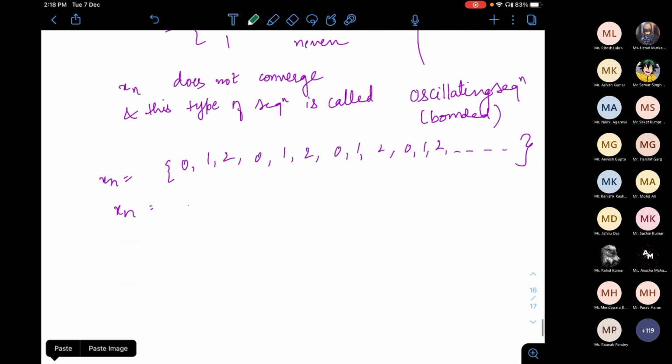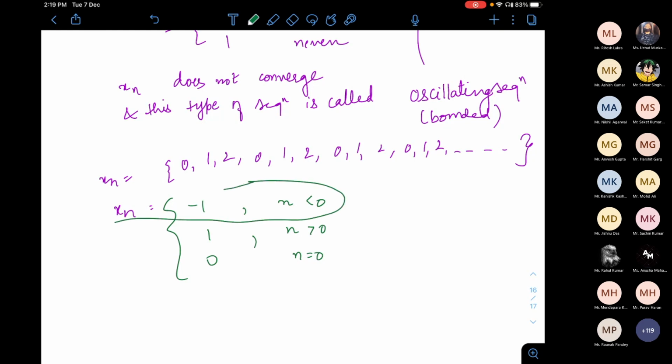Let me write minus 1 if n is less than 0, 1 if n is greater than 0, and 0 when n is equal to 0. Since the last 3 classes we are discussing n as a natural number, so it's positive. Only this case is true. Yes, it's a constant sequence.